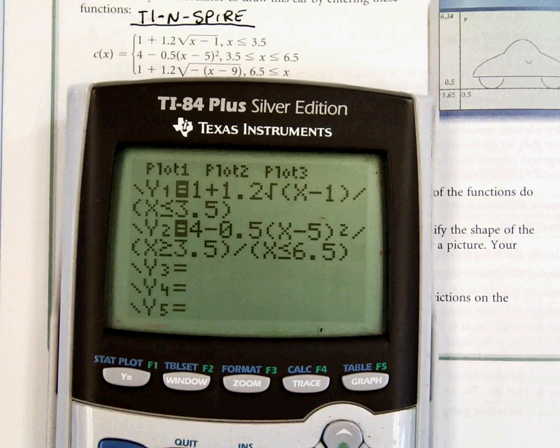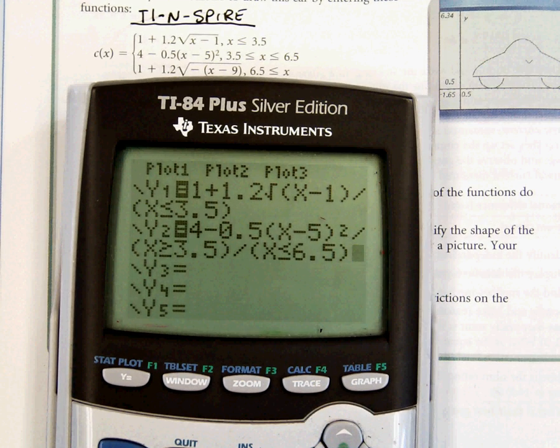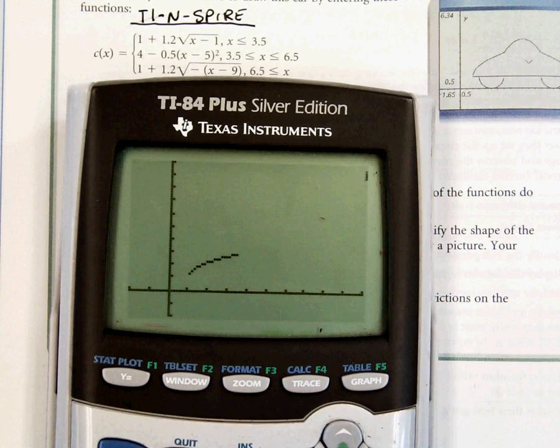This should show us just the top of the car for that parabola. And then we can keep going from there and graph the rest of the car.